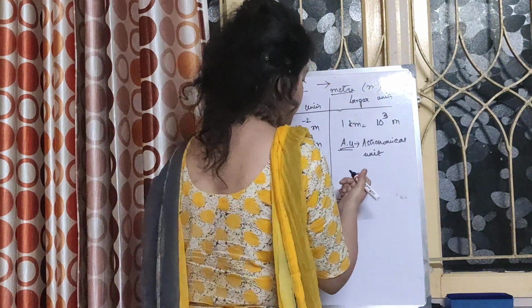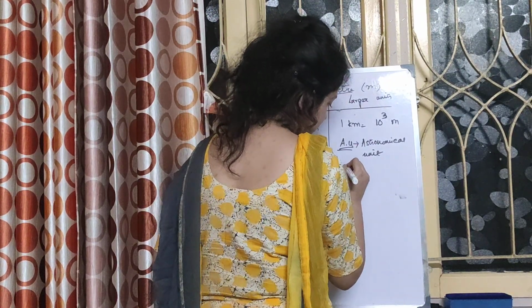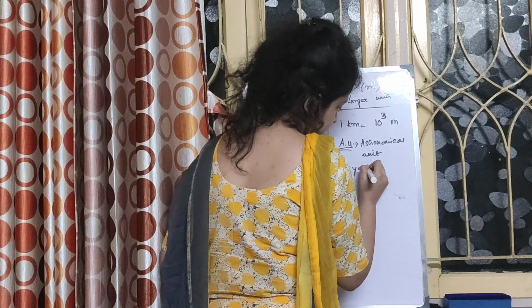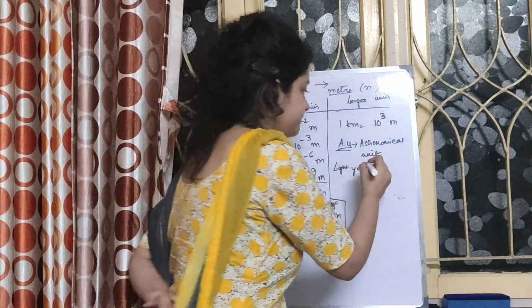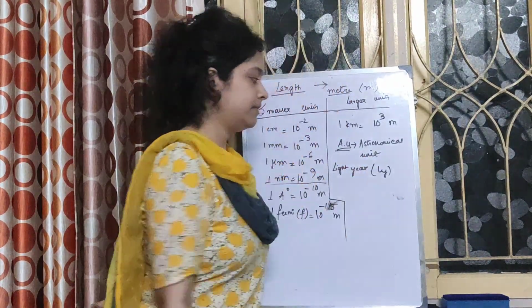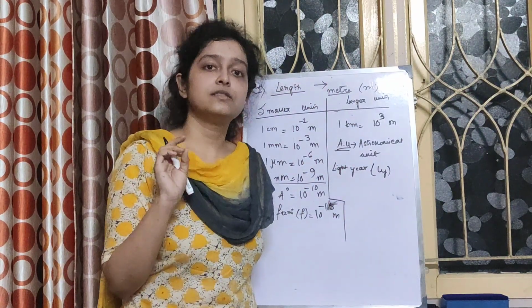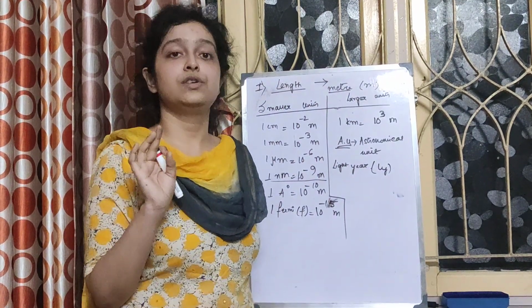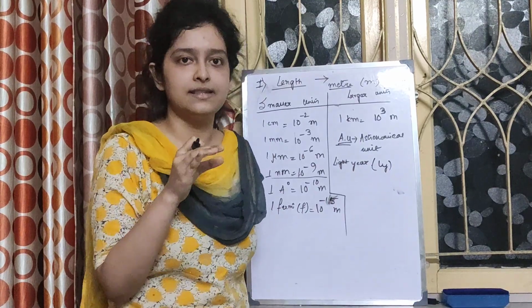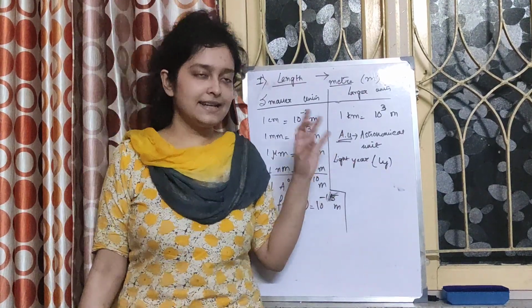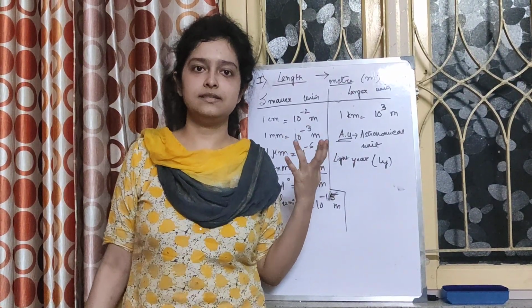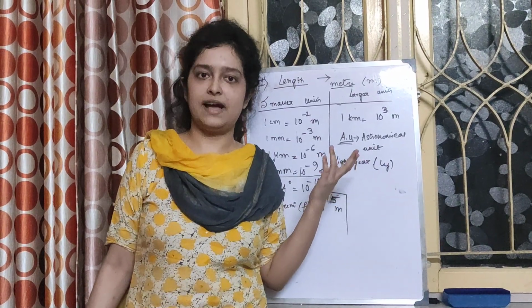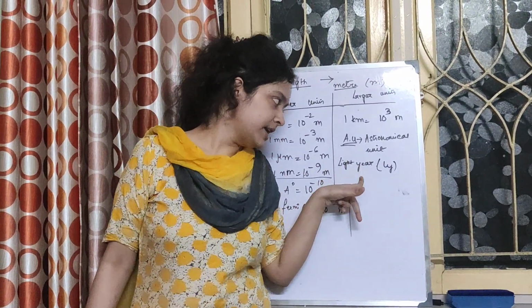Then you have heard about this, light year. Light year is not the unit of time, it's the unit of distance or length. That means the light year is basically defined as the distance that light travels in vacuum in 1 year. Okay.